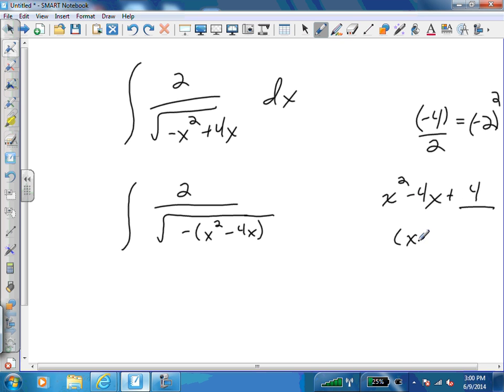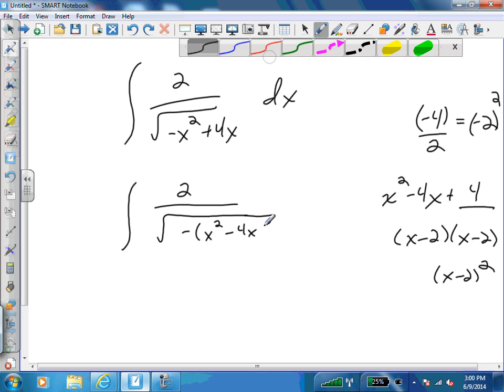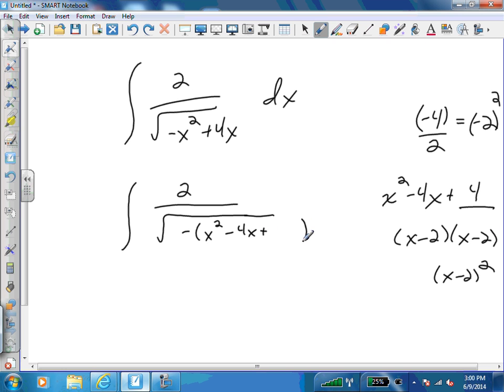Notice that that's a perfect square because that factors to x minus 2 times x minus 2. So what did we add here to make that a perfect square? 4.